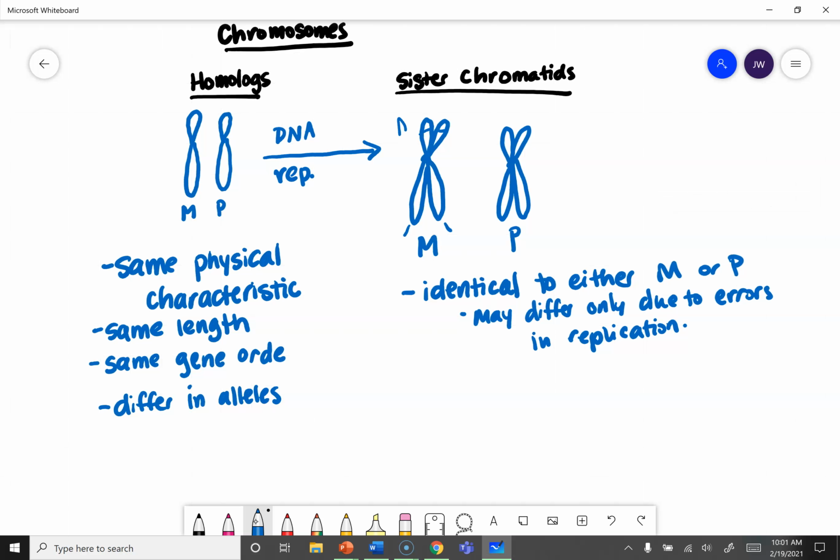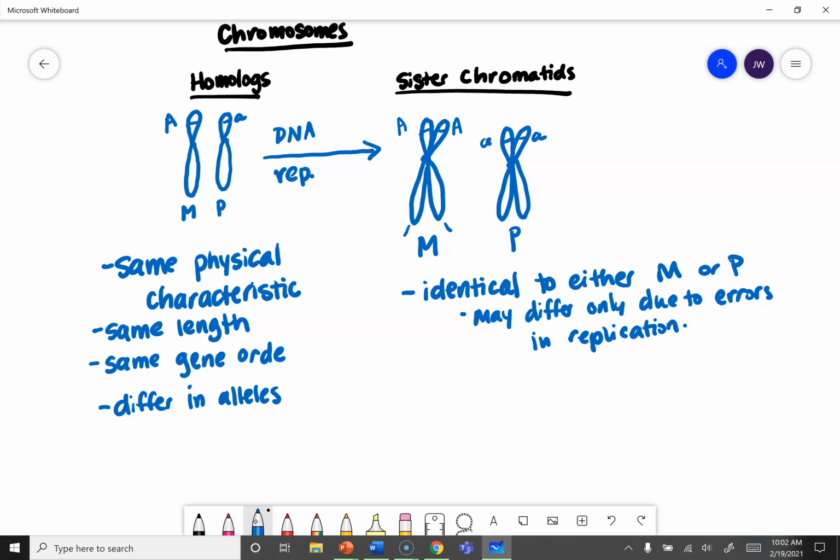So if you have big A allele here, you have big A allele there. If dad had little a allele, he has little a allele there. So if we are thinking about gene A, we might have different alleles in the homologs, but our sister chromatids are going to be 100% identical.